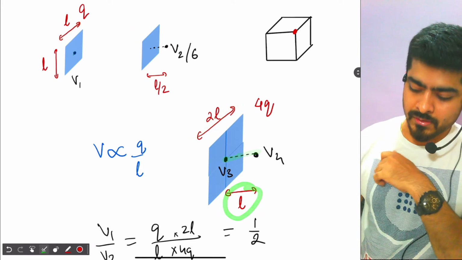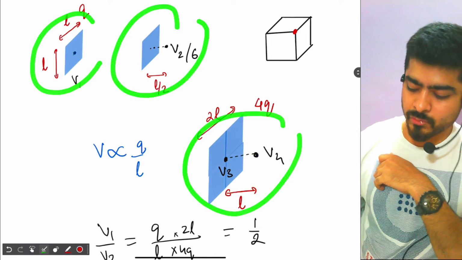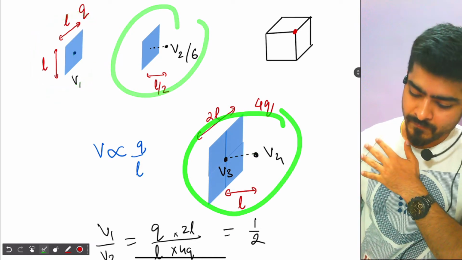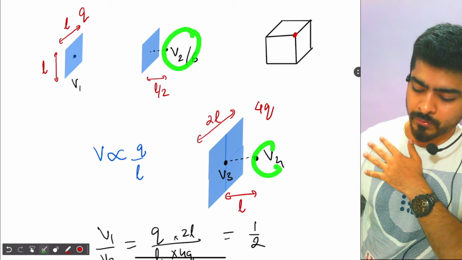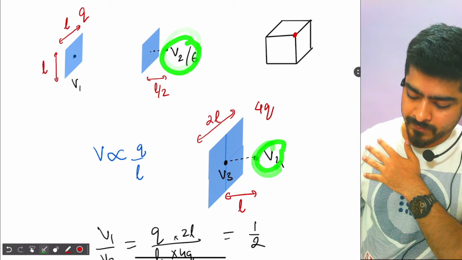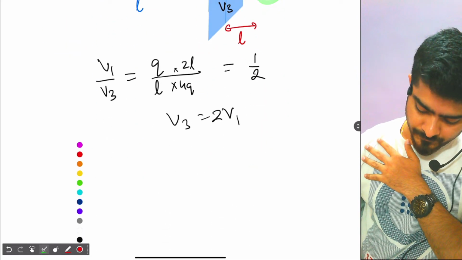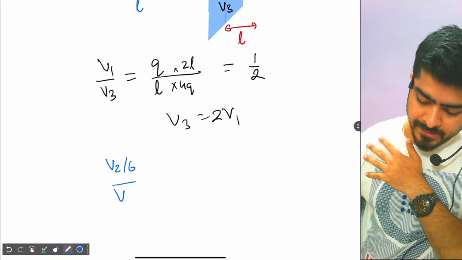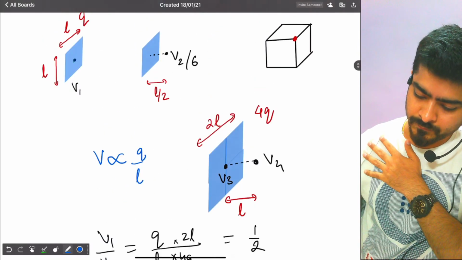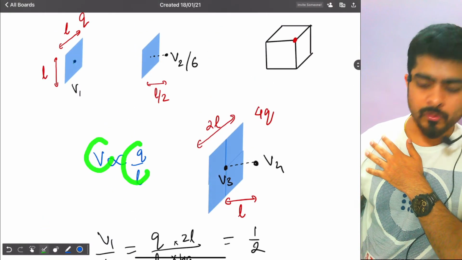Both these two situations are symmetric. So again, we compare the ratio of these two potentials, V2 by 6 divided by V4.